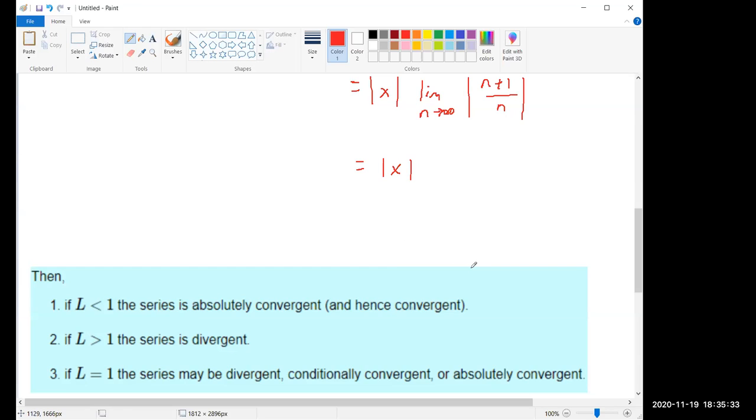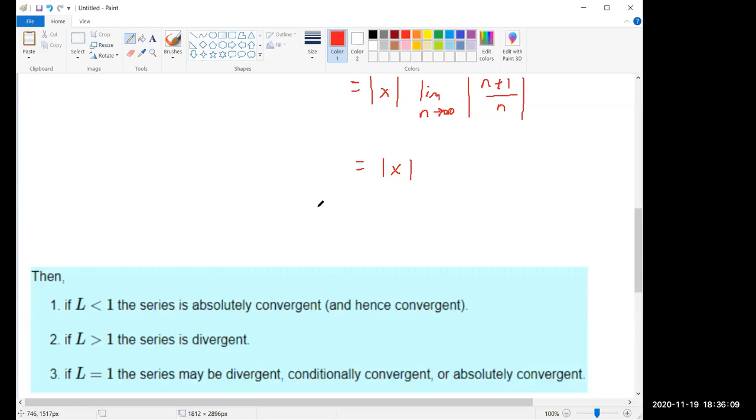Also keep in mind that the directions of this question were to find the interval of convergence. Do we sub for X?